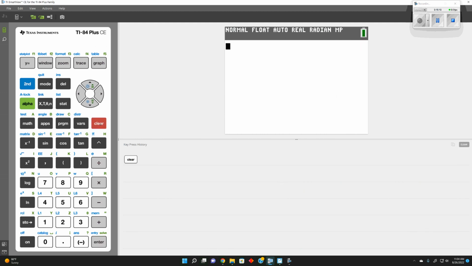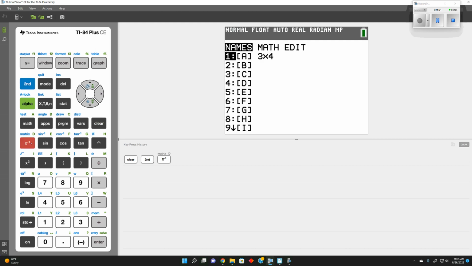Clear all this out. So you have it turned on, yes? Now the first thing we're going to do is hit second matrix. You should get something like this here. Now it might have a 3 by 4 in there, or you might not have anything.